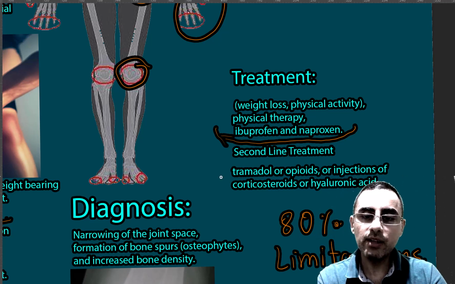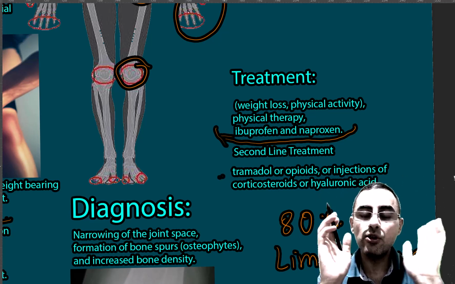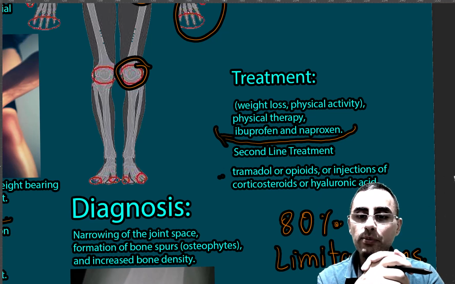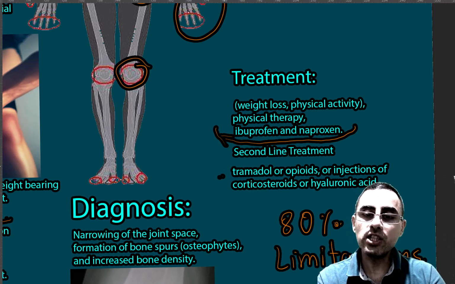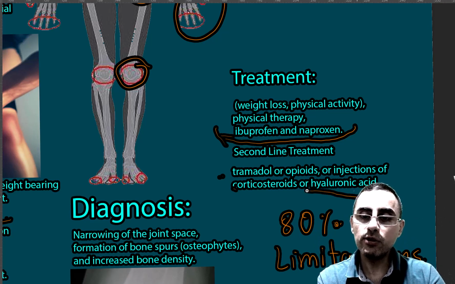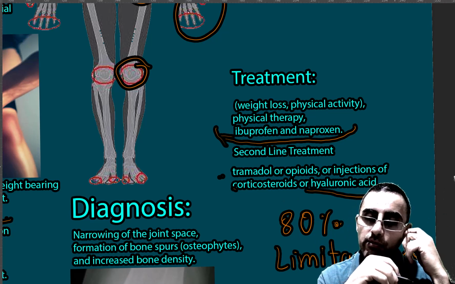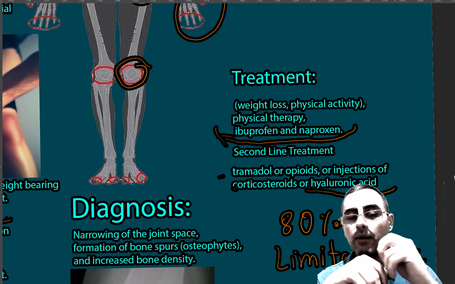Second line treatment can be stronger medications, such as tramadol, sometimes opioids also, or injections of corticosteroids or hyaluronic acid directly into joint. It's also a type of treatment, and it has some effectiveness.